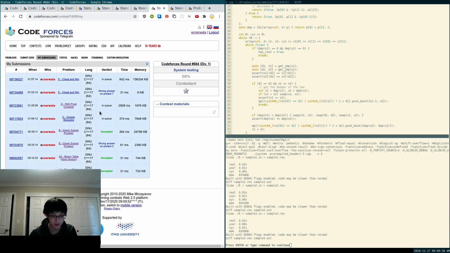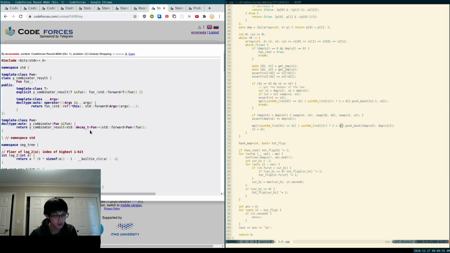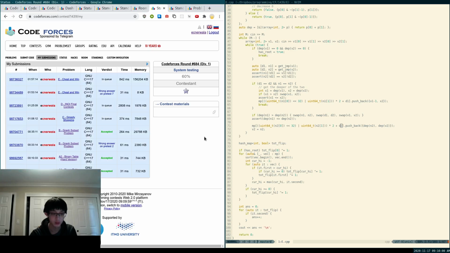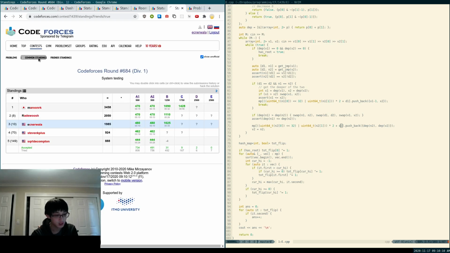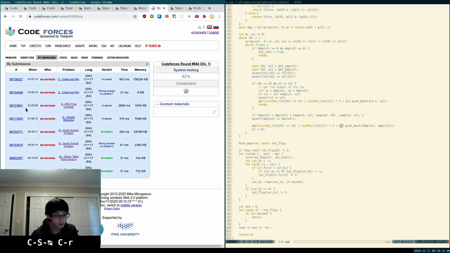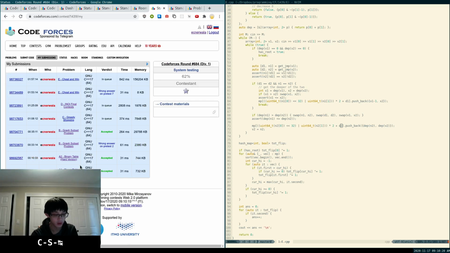Yeah, I think I'm gonna fail systests. That's really bad, unless this is somehow magically okay, but I don't think it is. How many pretests were there? Oh, this is embarrassing. If I fail this, I'm also not even doing that well in the rest of my points.